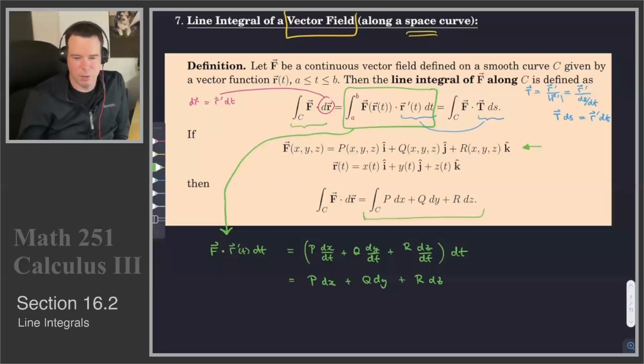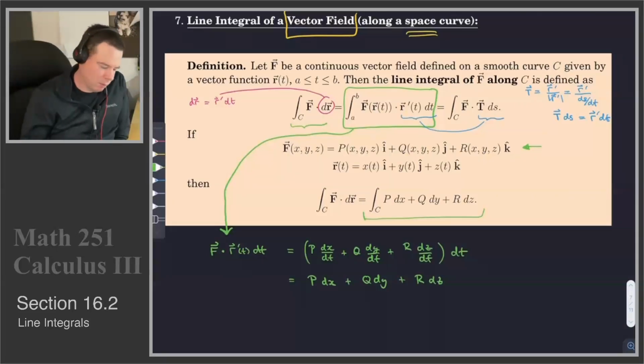There's our differentials. One of the nice things about writing it in this way is it starts to come back to this idea of, oh, an integral of a vector field seems to be just the integral of three scalar functions. So these look like scalar integrals, but they're no longer with respect to arc length, they're with respect to the variables.